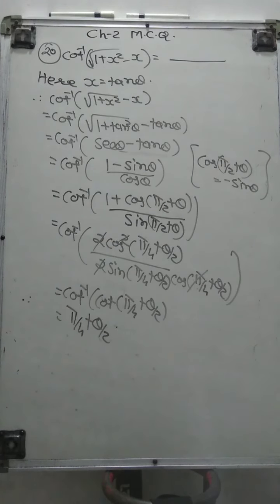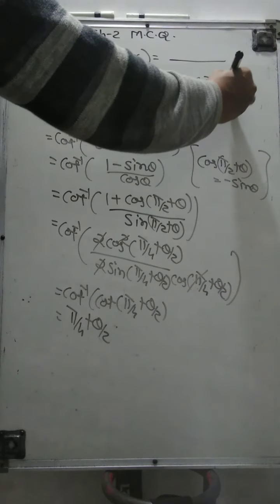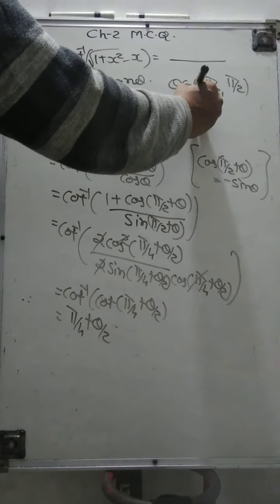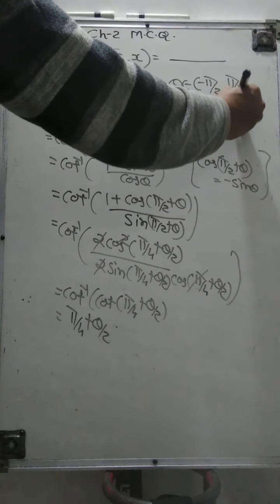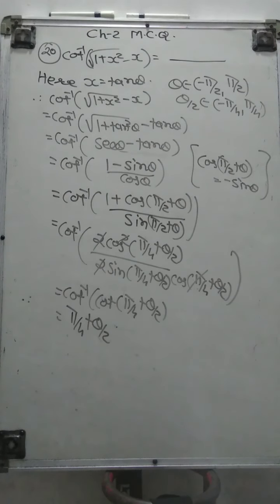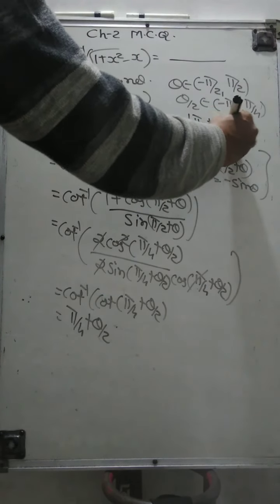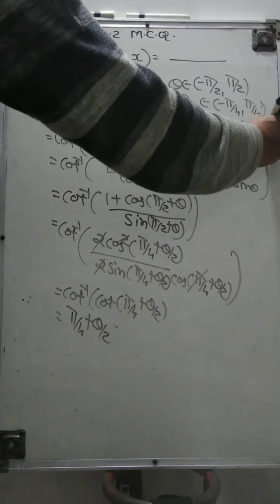But when you think that theta is in between minus pi by 2 to pi by 2, therefore theta by 2 is in between minus pi by 4 to pi by 4, and theta by 2 plus pi by 4 is in between 0 to pi by 2.